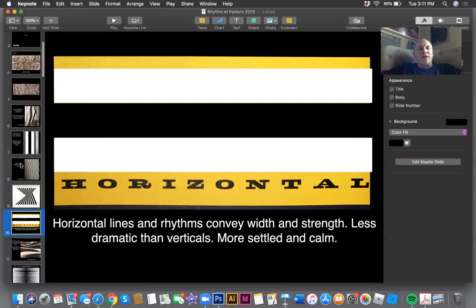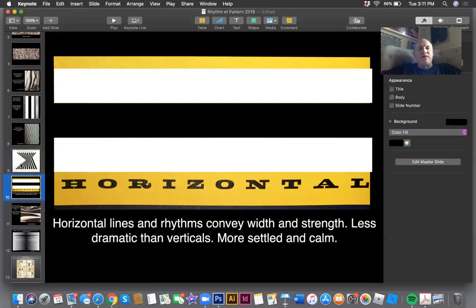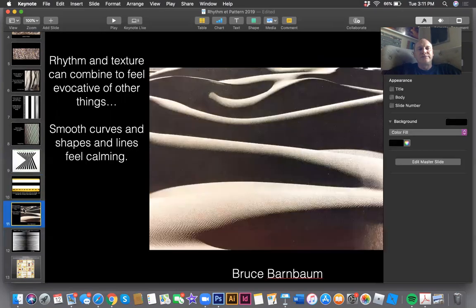Horizontal lines, on the other hand, convey width, obviously, strength, definitely less dramatic than vertical lines, and they usually feel more settled and calm. So here's an interesting photo of horizontal lines, and these are sand dunes, but it implies something anthropomorphic.